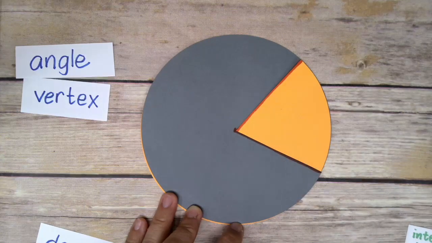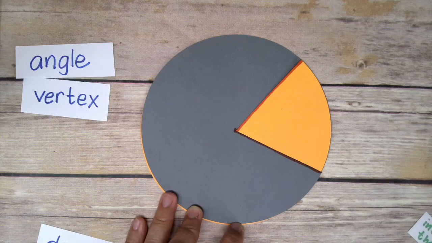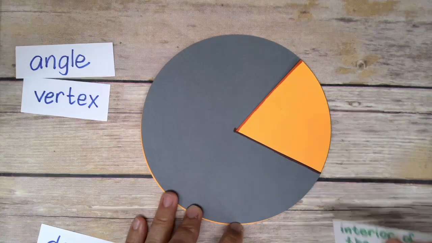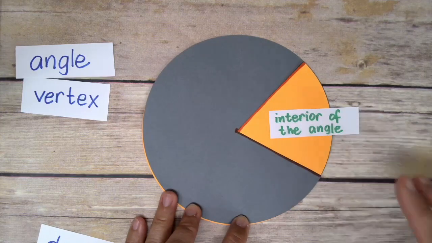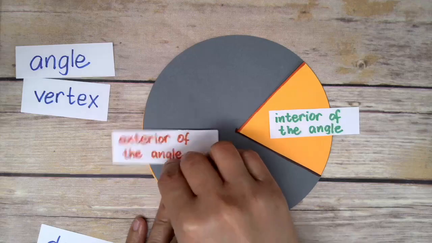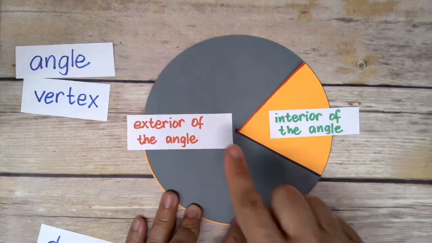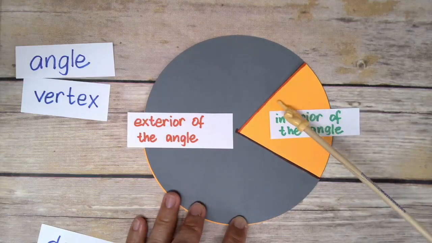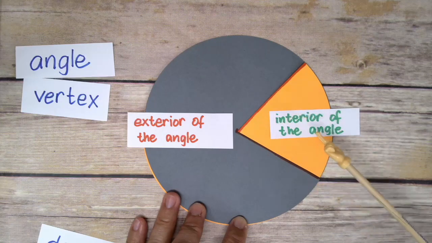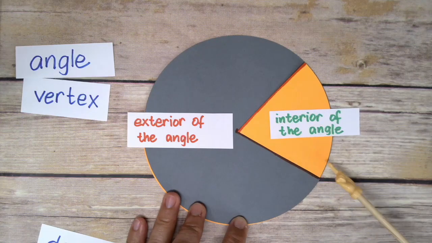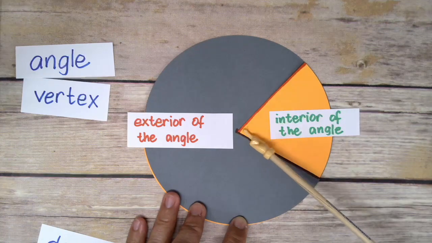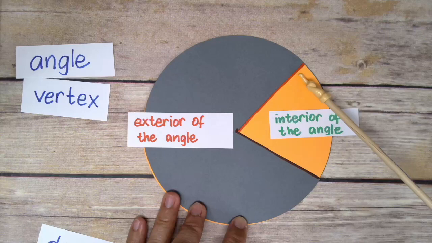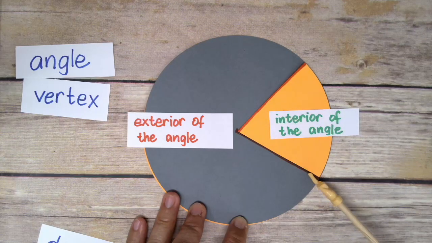To differentiate the two portions of the angle, we call the orange part the interior of the angle, and the gray part the exterior of the angle. Usually we measure the interior of the angle.